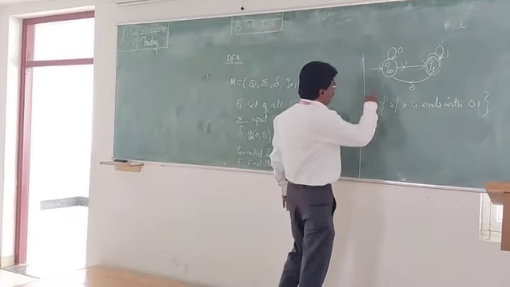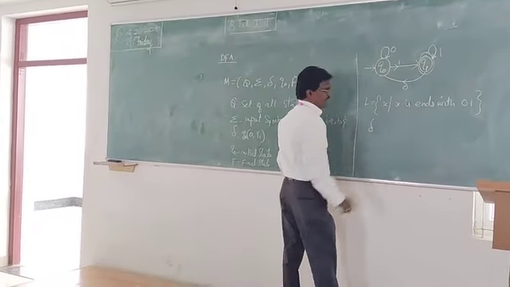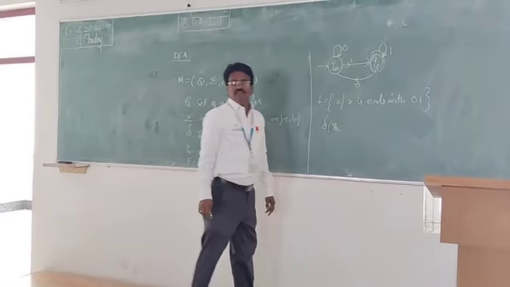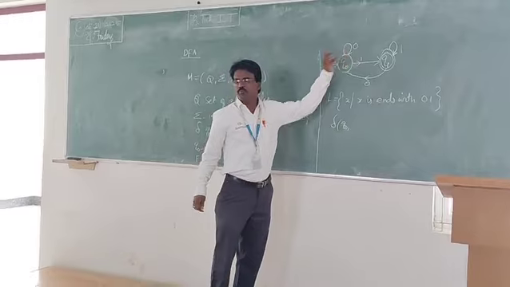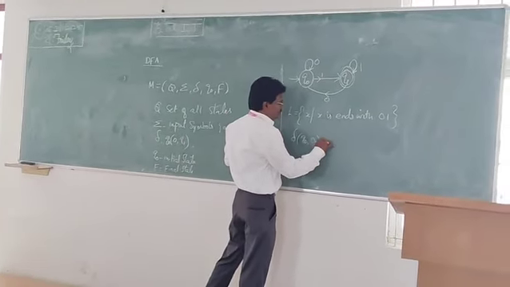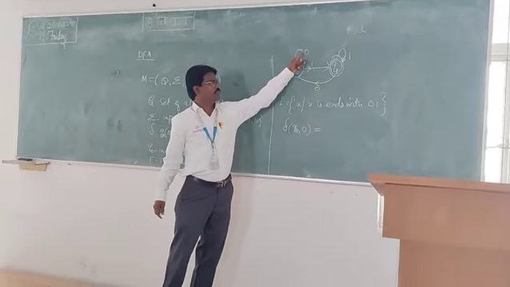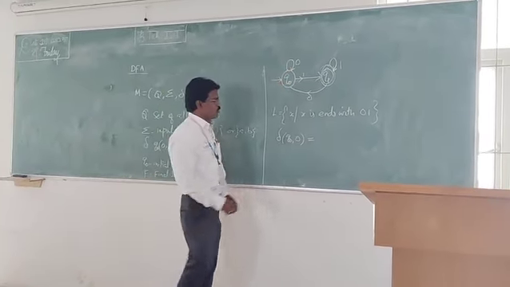First we will see the first element. Delta is the transition function. Here q0 is the initial state. When 0 is an input, where does it move? It goes to q0 itself.